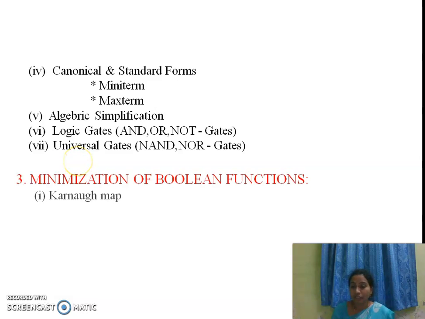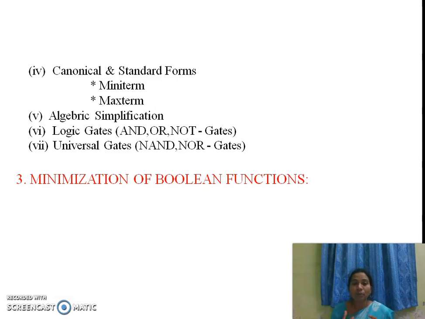Then, in the first unit, third part, minimization of Boolean functions. Why do we go into minimization of Boolean functions? When we want to reduce any Boolean expression, how do we reduce it? By applying some theorems and laws. But it becomes very difficult to decide which law or theorem to apply. That disadvantage can be overcome by using the K-map method.